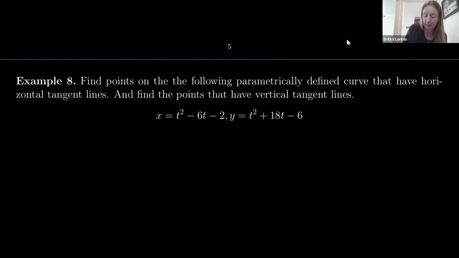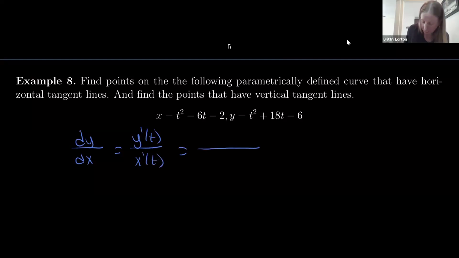So I'm still going to do that same step 1 of finding the derivative, which is dy/dx, which is going to be y prime of t divided by x prime of t. So I'm going to do the derivative of each one. Do the y first. The derivative of t squared plus 18t minus 6 is 2t plus 18.